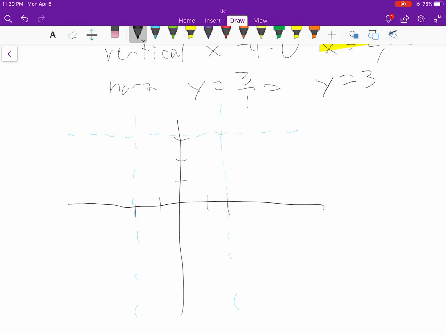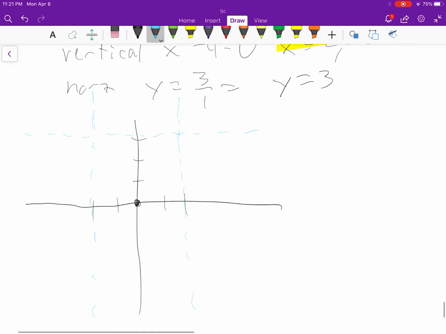Like that. And the only other thing we have is we know it's symmetric, and we know it has a point at the origin. So that's it. Now, we need to figure out what it does. Well, to figure out what it does, we need to plot points.